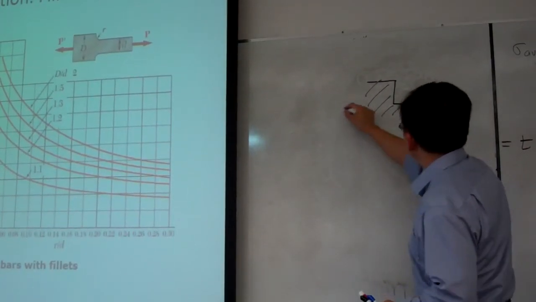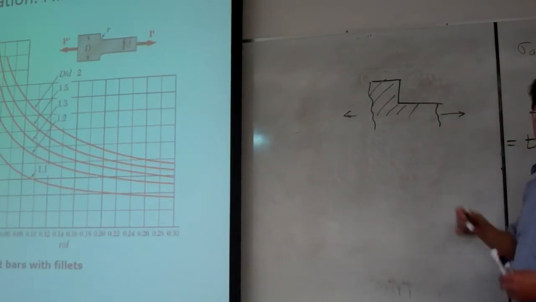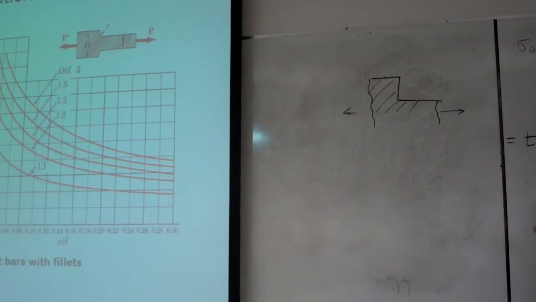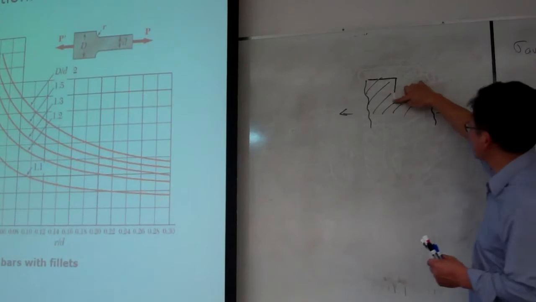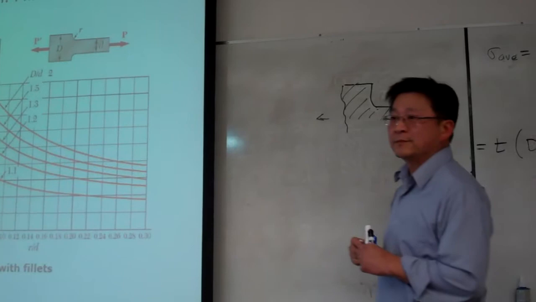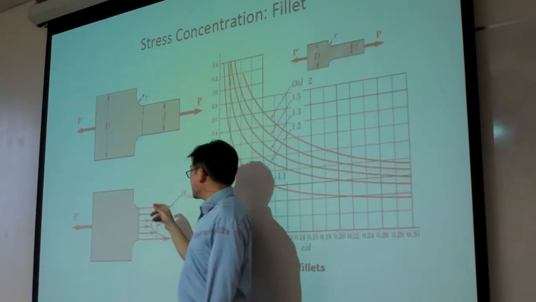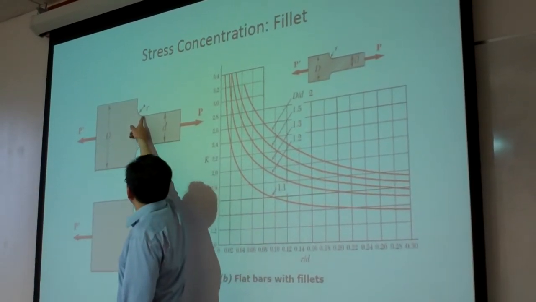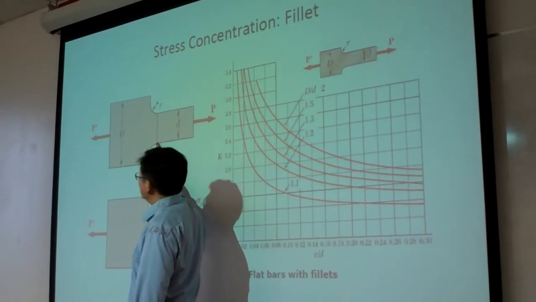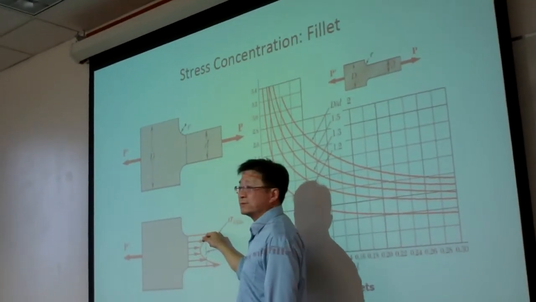If this material is under axial loading, then here it is very likely to break, to get a fracture there. So for that reason we make a curve. But this curve still has a little bit of stress concentration. So if we pick the cross section just at the end of the curving, then that value is our maximum stress.